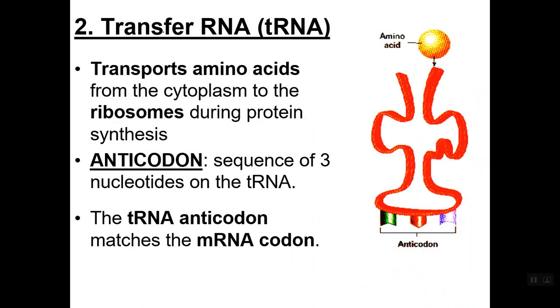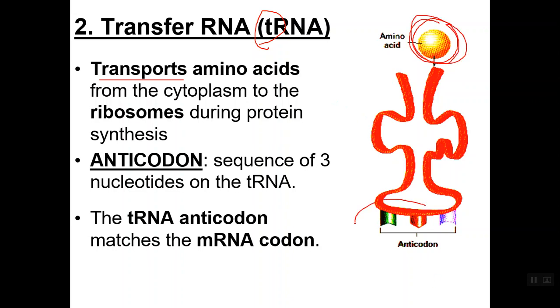The next player in this game is transfer RNA. The job of transfer RNA is to, you guessed it, transport or transfer the amino acids that are in the cytoplasm to the growing protein at the ribosome. So the transfer RNA kind of has these little loopy sections, these are called hairpin loops, and then the amino acids up here on the top.